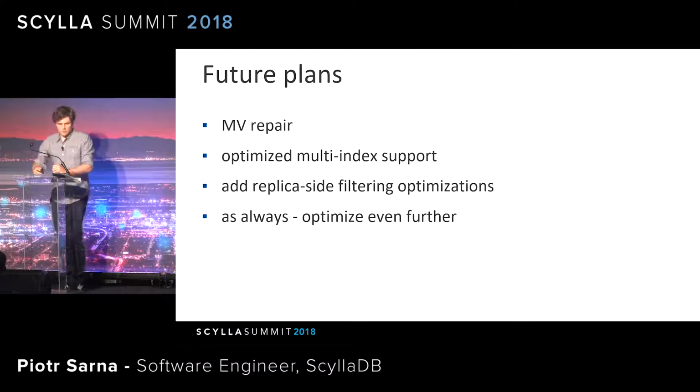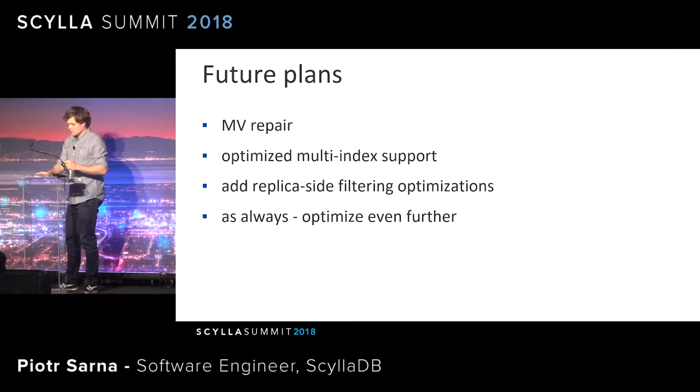Now finally, some future plans. What we still want to do regarding the topic of views, indexes, and filtering. First of all, materialized view repair is something we would like to implement. It's just like regular repair. We would like to have the possibility to repair data between base replica and view replica.